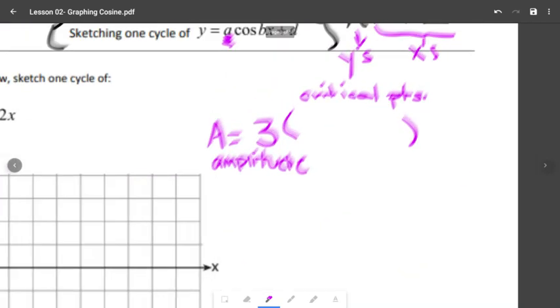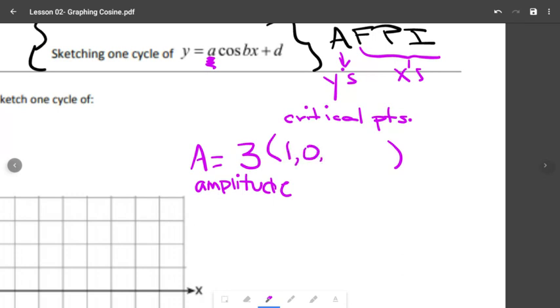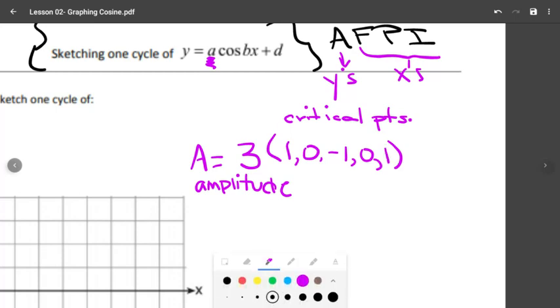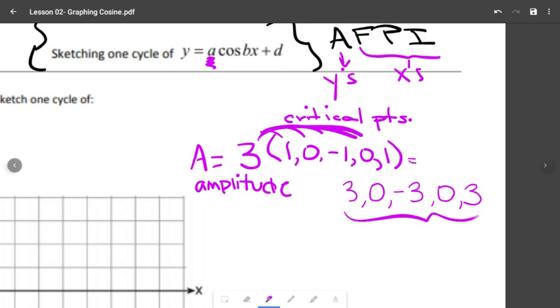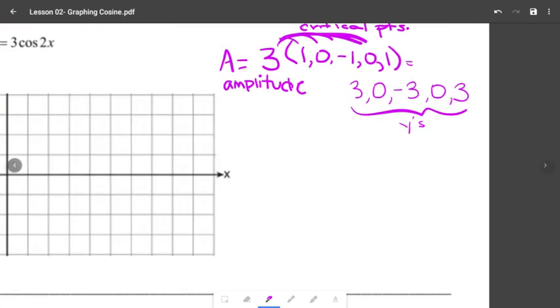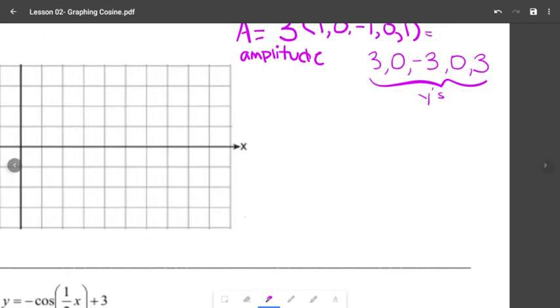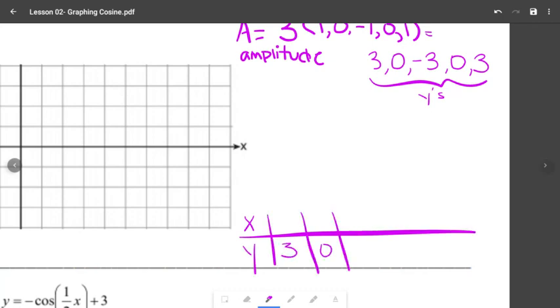Those are the points that we are using. So 1, 0, -1, 0, and 1. And they are all getting multiplied with this 3. So 3 times 1 is 3. 3 times 0, 3 times -1, 3 times 0, and then 3 times 1 again. So these here are my y's. So if you wanted to make a table like we had on the front, these are the y's that we are going to be using.